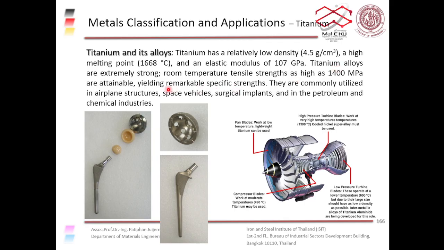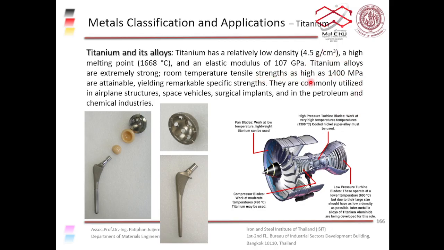Titanium alloys are extremely strong. Like I mentioned, it's as strong as steel. The tensile strength at room temperature can be as high as 1400 megapascal, which is quite high. It also has high specific strength, right? The specific strength refers to the strength per weight ratio.